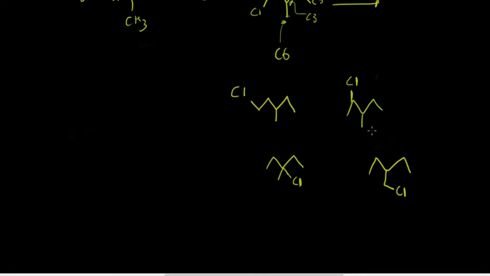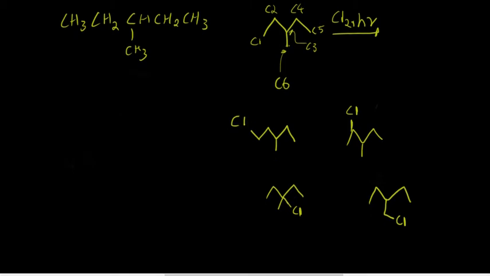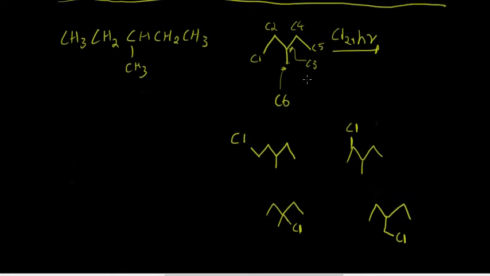Okay, so what's the distribution of these products? That's ultimately what we want to find, right? To figure that out, we have to figure out how many possible hydrogens there are that could be abstracted to give each of these products. To give this product here, you could abstract any of 3 hydrogens at C1, or any of 3 hydrogens at C5.